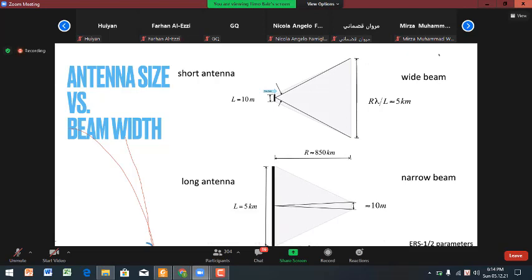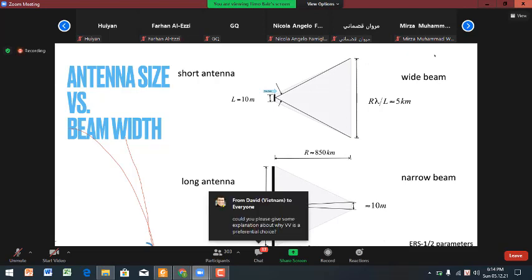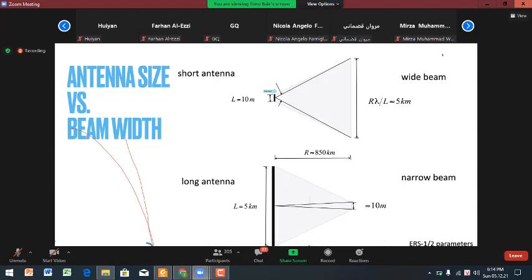You have to understand that you have a very large beam, right? So that means you don't have a small laser with a very small beam.